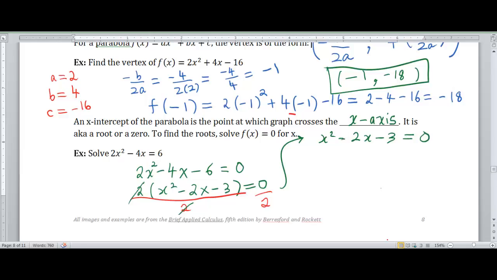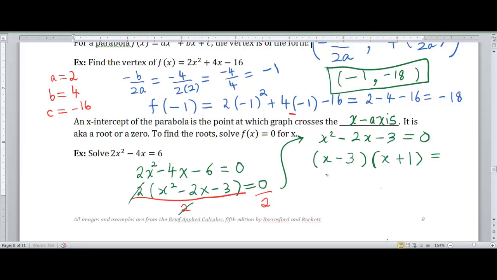Now there's three ways to do this. First way is factoring. Let's see if we can factor this. Factors of 3 added to give me negative 2. So let's see, x minus 3, x plus 1.